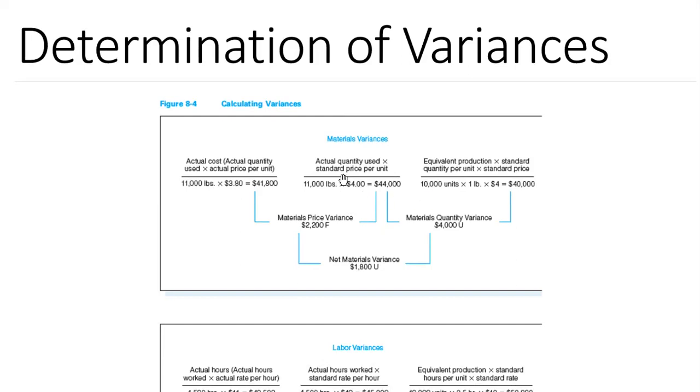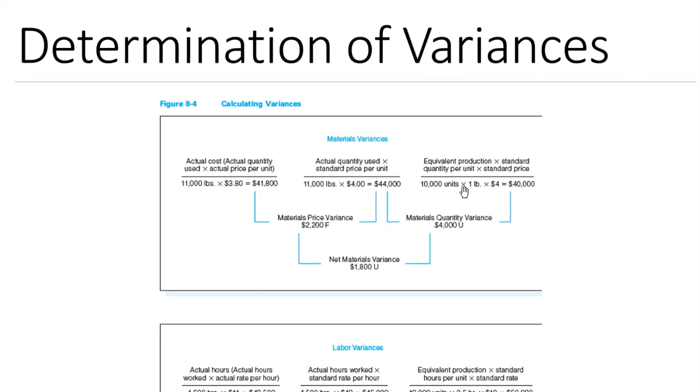And then for the efficiency or the materials quantity variance, we take equivalent production times the standard quantity per unit times the standard price. So in this case, for the materials that should have been used, we produced 10,000 units.